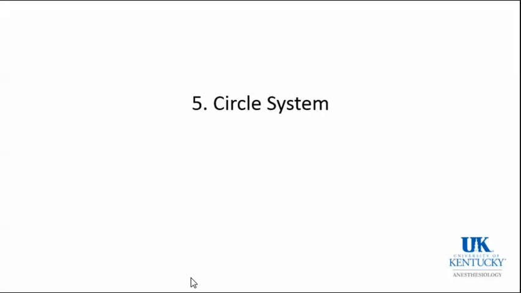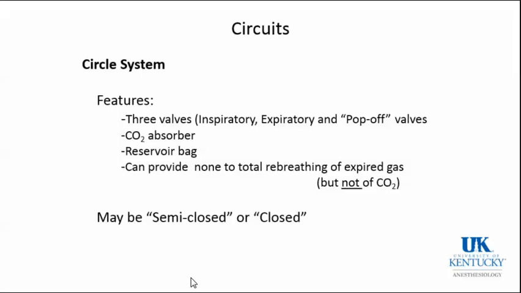Another key word was circle system. This is what all of our circuits are now. When I started out, we had a lot of other circuits that we had to memorize, but fortunately, those times are gone. But they do want you to know about the circle system. The circle system has several features. Number one, it has 3 valves: inspiratory valve, expiratory valve, and pop-off valve.